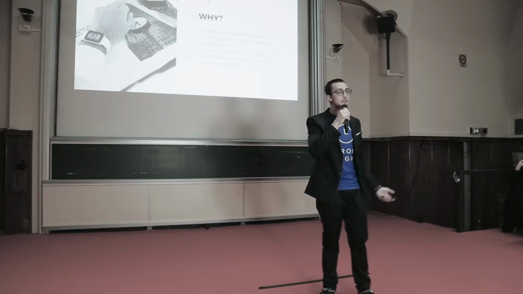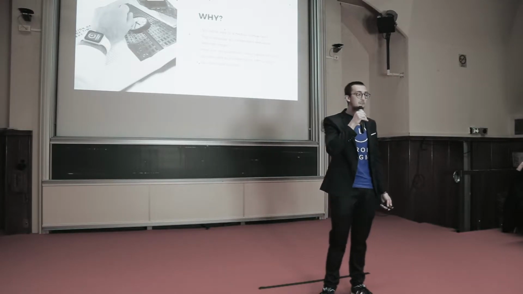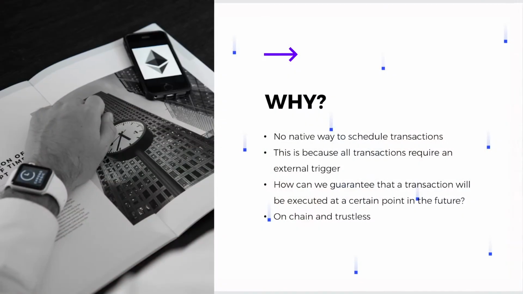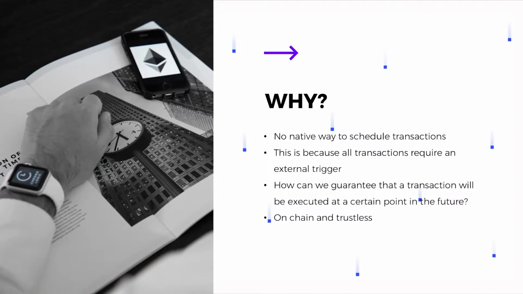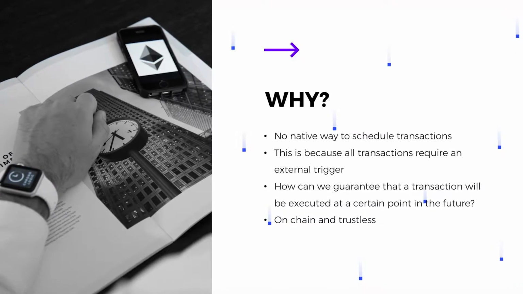So what is the reason for the alarm clock? It's pretty simple. What we want to do is be able to schedule transactions, and we currently have no native way in Ethereum to accomplish this. The reason for this is because all transactions require an external trigger.